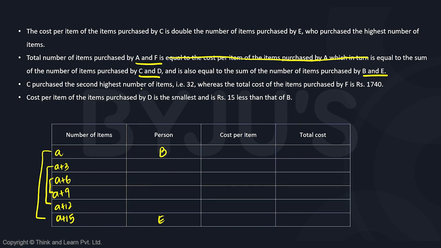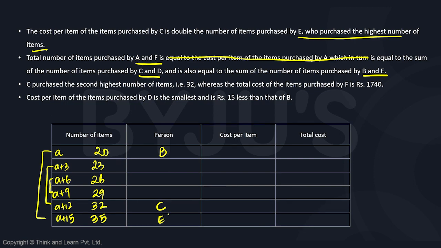C purchased the second highest number of items, and this is C, second highest number of items. So that means E, we know, purchased the highest number of items. So this is going to be 35, and there is a jump of 3. So 32, 29, 26, 23 and 20.